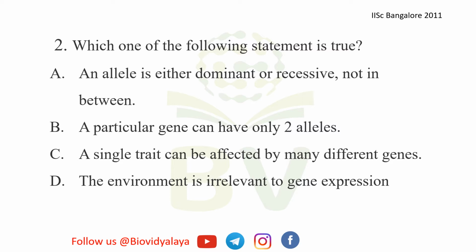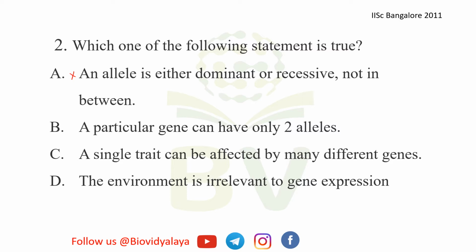That's why we get an intermediate phenotype. In the case of codominance, both the alleles are equally expressed. Both the alleles can express together. That is called codominance. So according to incomplete dominance and codominance, statement A is not true.